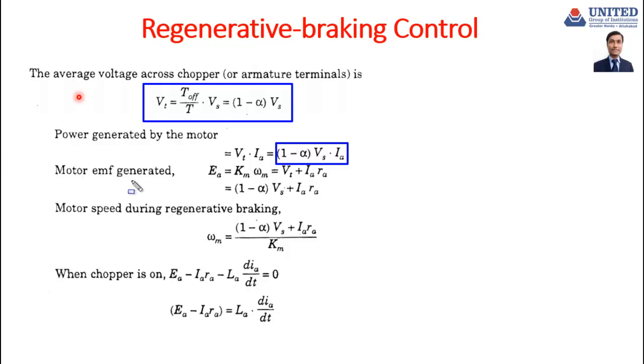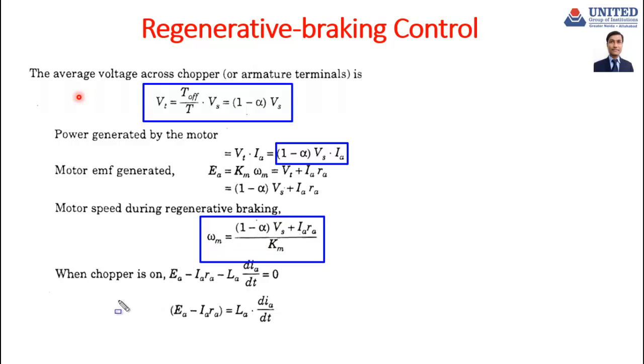Motor EMF generated will be Ea is equal to Km into omega m, that will be equal to Vt plus IaRa. Therefore we can write Ea is equal to 1 minus alpha Vs plus IaRa, this relation in terms of duty cycle. From here we can obtain the motor speed. This is the motor speed during the regenerative braking operation, omega m is equal to 1 minus alpha into Vs plus IaRa upon Km.